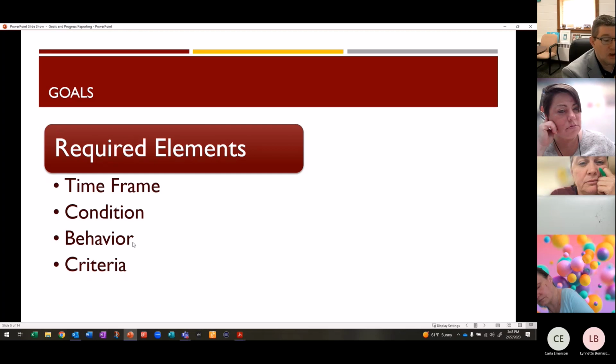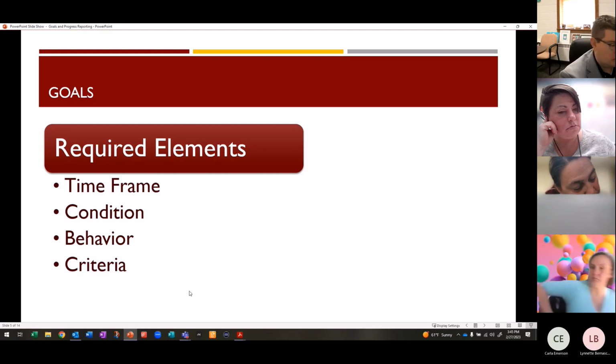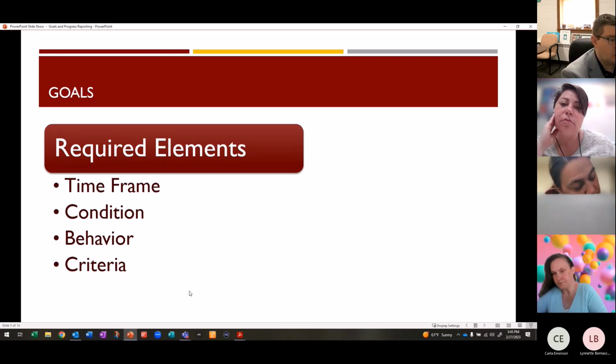The behavior, which is what the student is going to be able to do better, and then the criteria: at what level of accuracy or fluency do they need to be achieving? When you have all 4 of those components, you have a measurable goal in the legal framework.